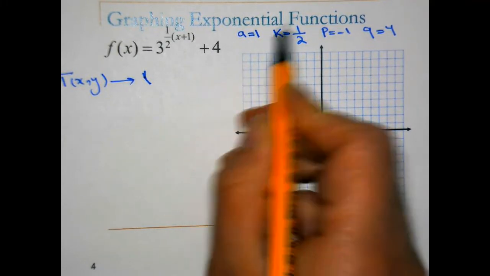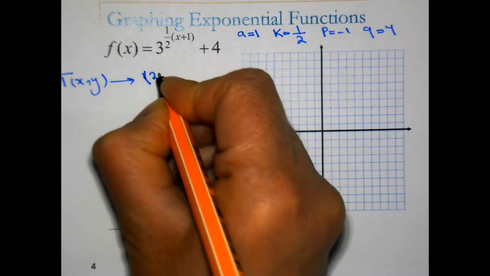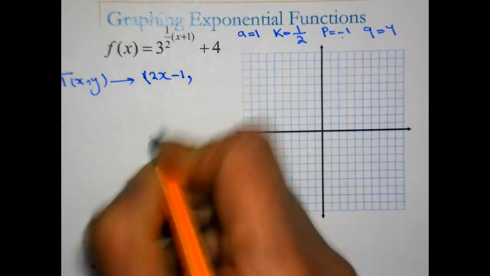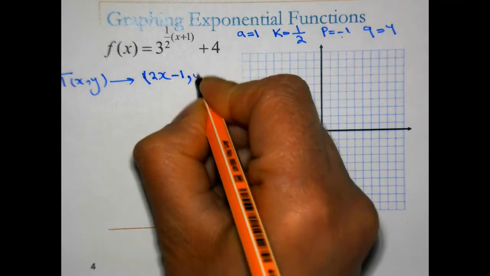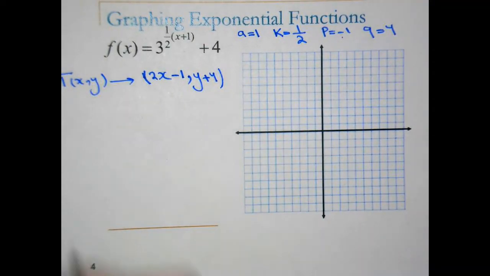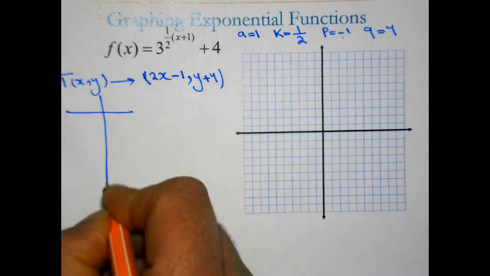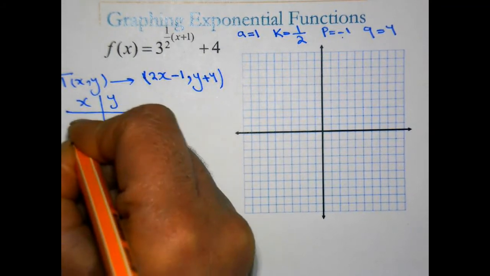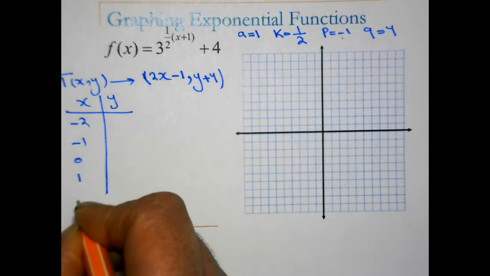One over k, or the reciprocal of k, is going to be 2x minus 1, and a y, 1 times y, which is y plus 4. So x values -2, -1, 0, 1, and 2.